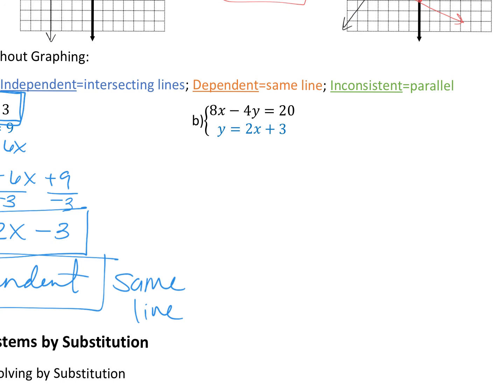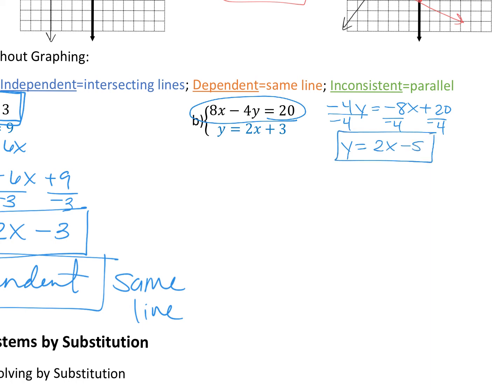Inconsistent. Why inconsistent? It's parallel. How do you know they're parallel? Same slope, but a different y-intercept. Okay, so if we rearrange this one, you would take away 8x, so -4y equals -8x plus 20, right? Divide by -4, and you get y equals 2x minus 5.